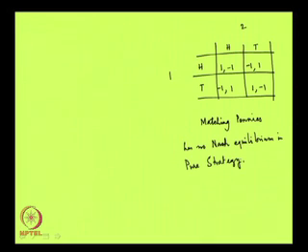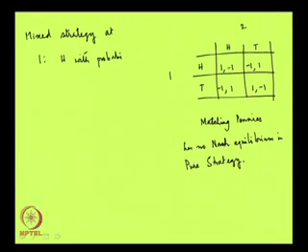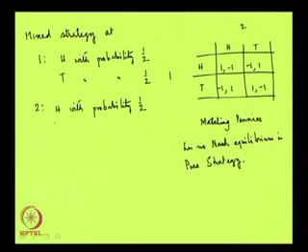What we are going to show is that if we consider mixed strategy, if we consider the fact that people can randomize, then this game has a Nash equilibrium at: player 1 will play H with probability half, T with probability half, player 2 will play H with probability half, T with probability half.